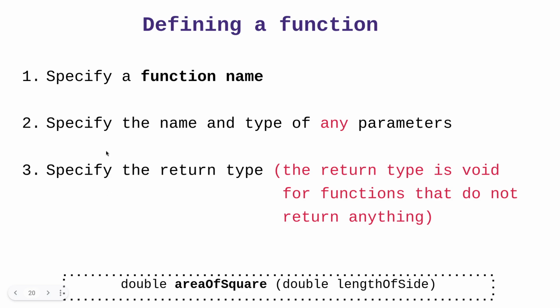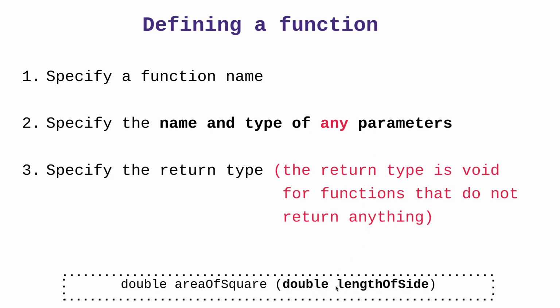Okay. So if I have this function down here, the function name is the area of square. The name and type of the parameters are right here inside these parentheses. So the parameters always go after the function name and inside parentheses.